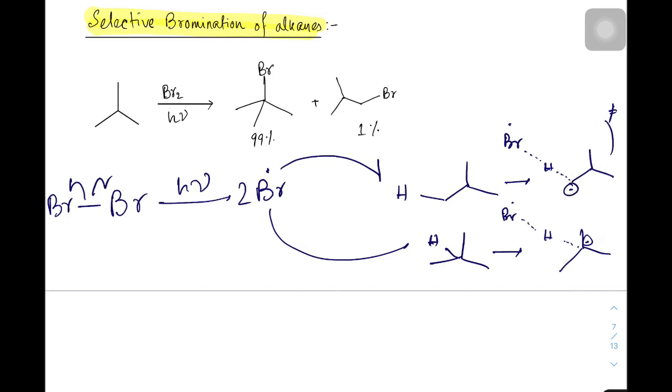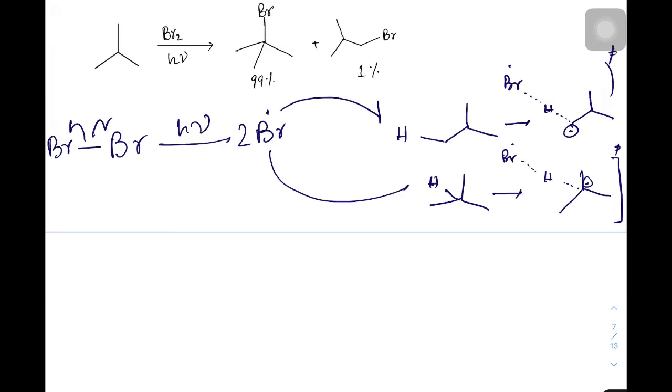This is a radical, this is a radical, a partial radical actually. So in this case, this radical is more stable and there are 9 alpha hydrogens. This transition state is lower in energy than this transition state where only 1 alpha hydrogen is there. So less hyperconjugation and more energy.